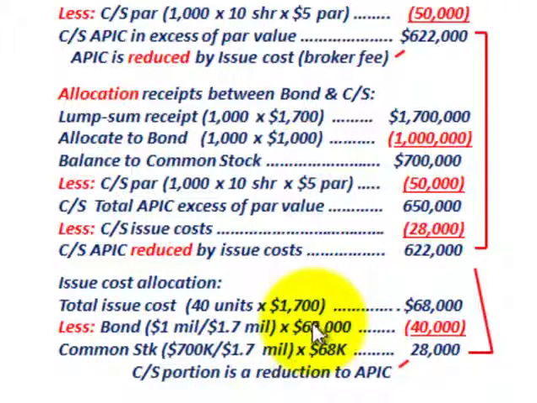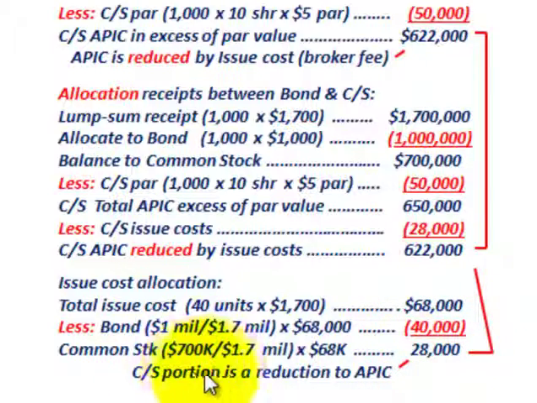So again, this is where we use our incremental method. Total issue cost is $68,000 less what we know for our bond at $40,000 gives us $28,000 for our common stock. And again, our common stock, we can look at it in these terms: the balance for our common stock, $700,000, divided by the total receipts of $1,700,000, that fractional amount times the $68,000 gives us that $28,000 issue cost.